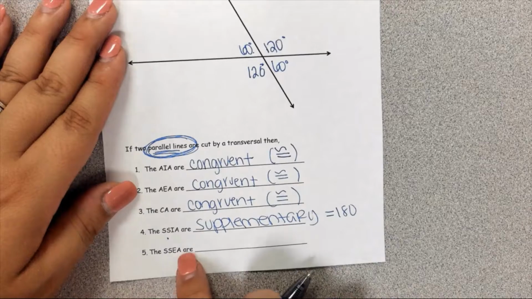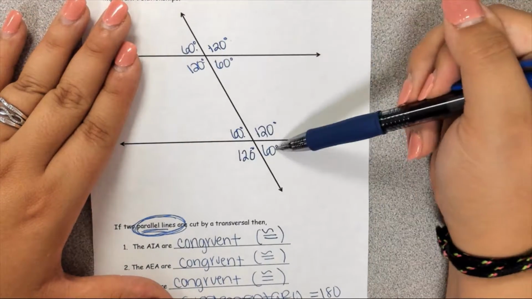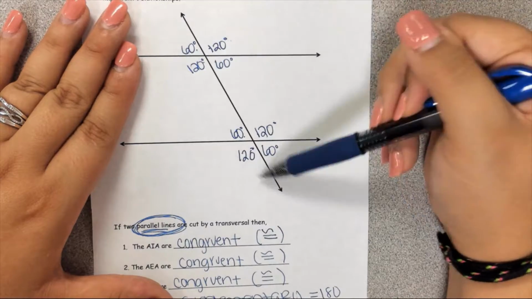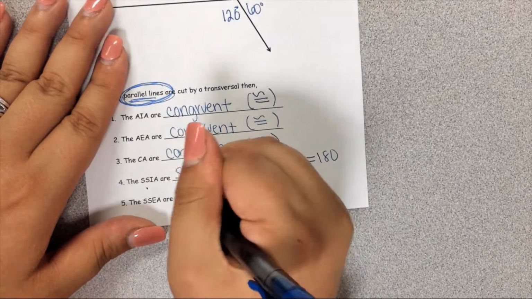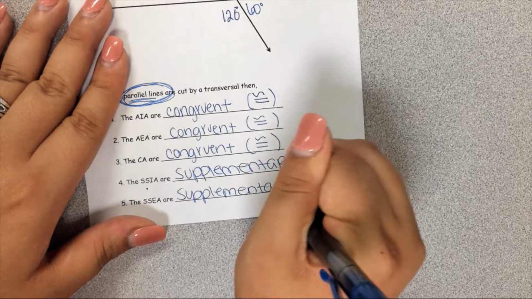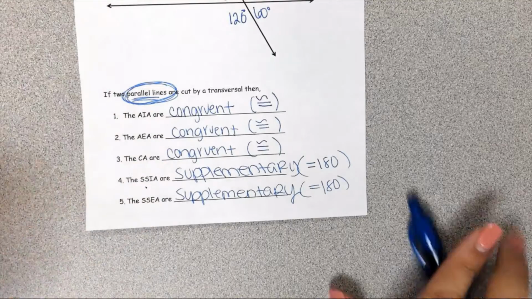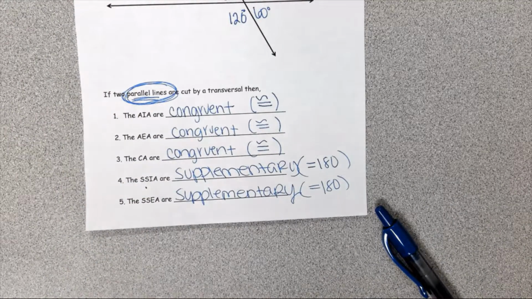Okay? And then SSEA, same side exterior, 120 and 60, 120 and 60, they are as well supplementary. Okay, so that's the basis of what we are learning today.